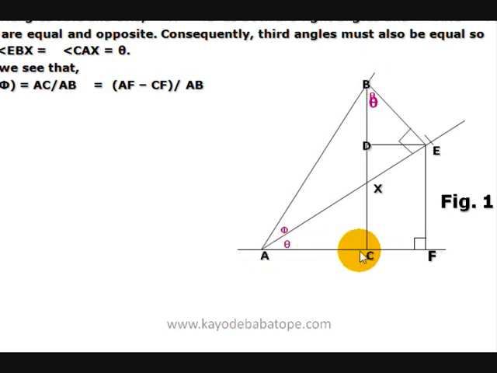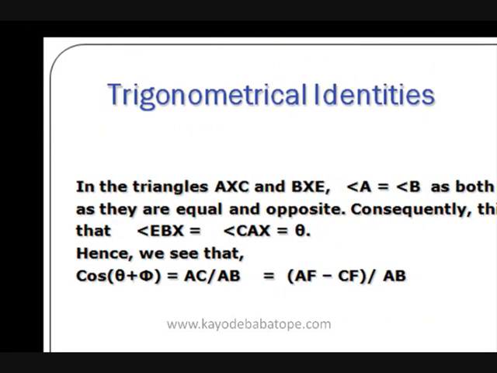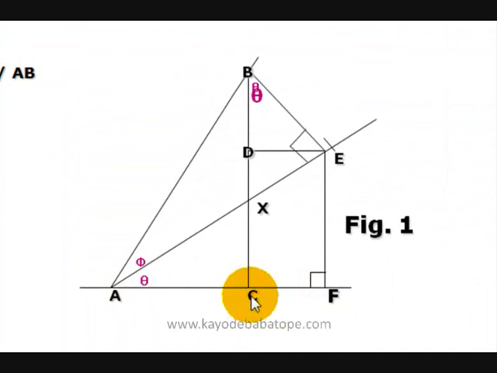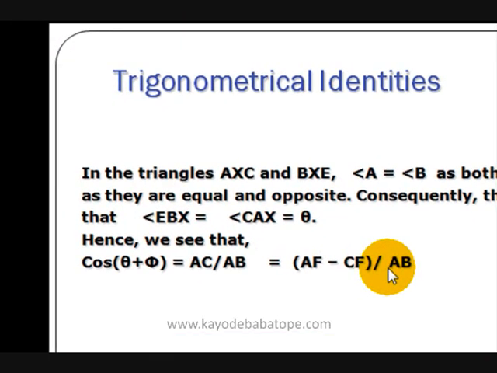Adjacent AC over AB. This is based on the triangle ABC. However, the line AC can be expressed as AF minus CF. Therefore, cos(theta plus phi), which is equal to AC over AB, can also be expressed as AF minus CF, that is (AF minus CF) divided by AB.